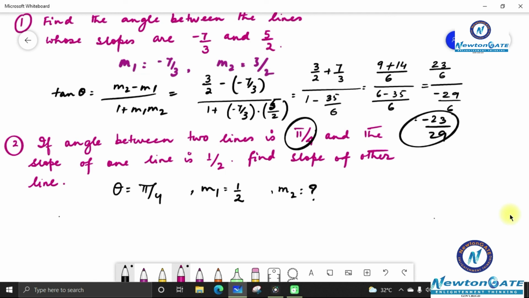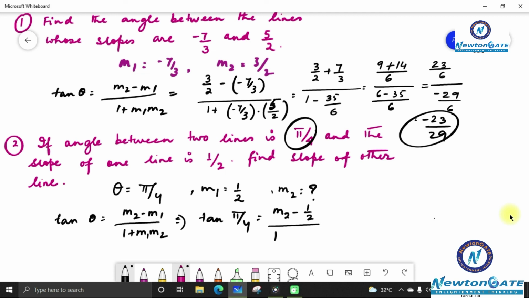By formula, tan theta is equal to m2 minus m1 over 1 plus m1 m2. So tan of pi by 4, m2 we don't know, so let us just keep it as m2, over 1 plus m1 into m2.